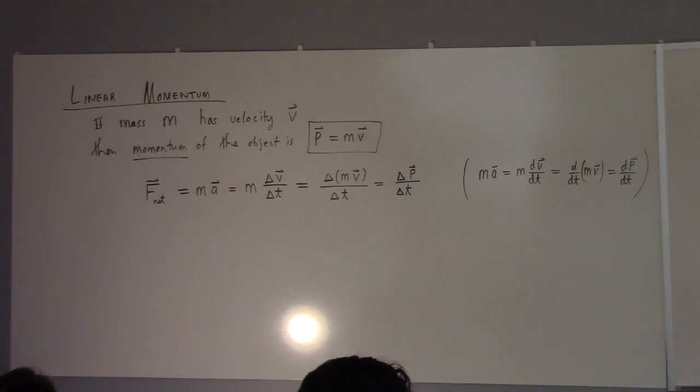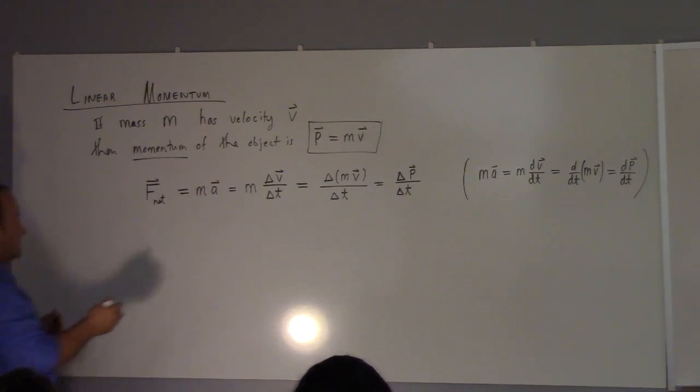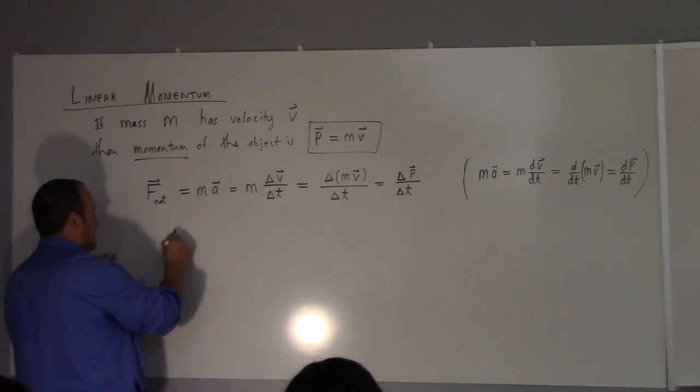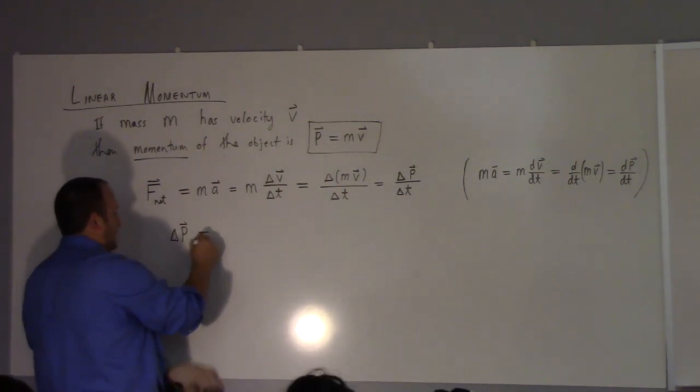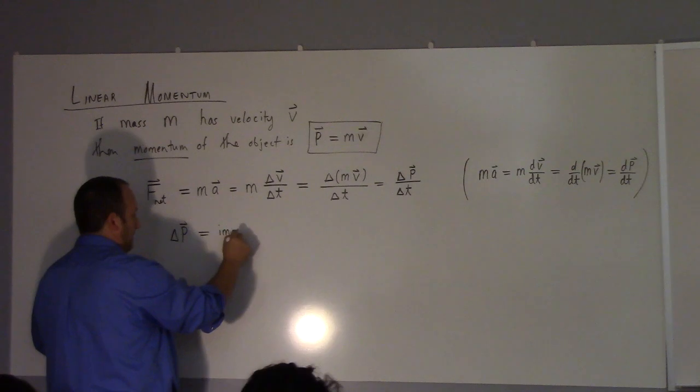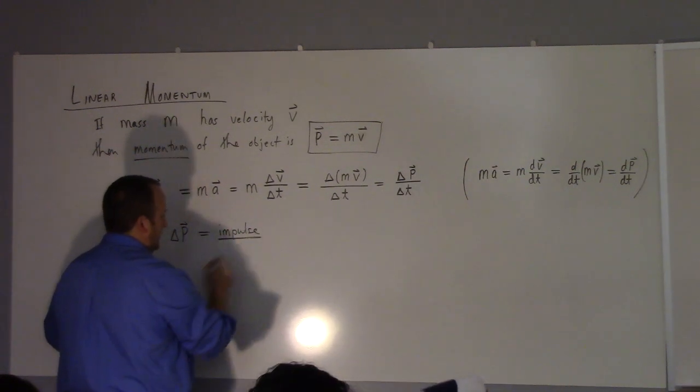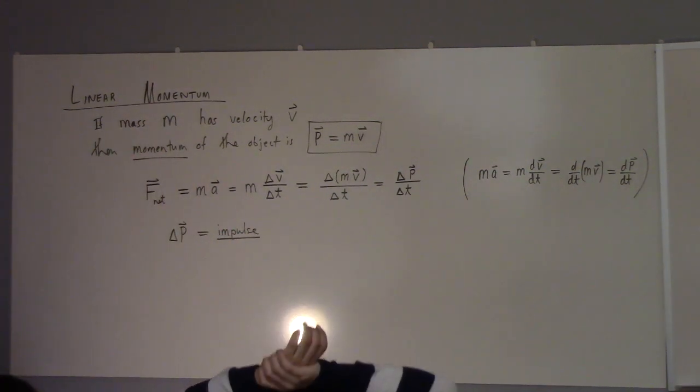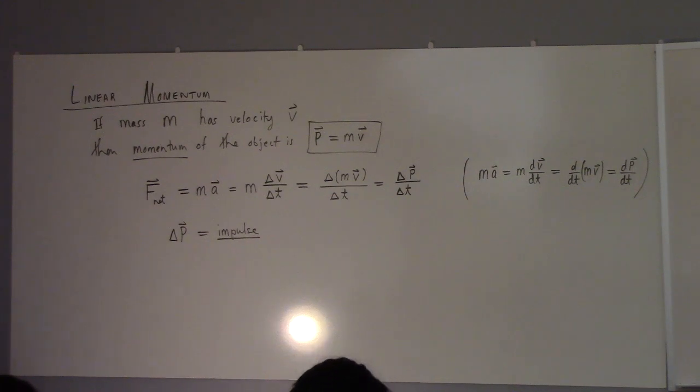So what does this say? The net force is equal to the change in momentum over change in time. Now, by the way, the change in momentum is also called the impulse. So the impulse, or the change in momentum, is also a vector quantity.